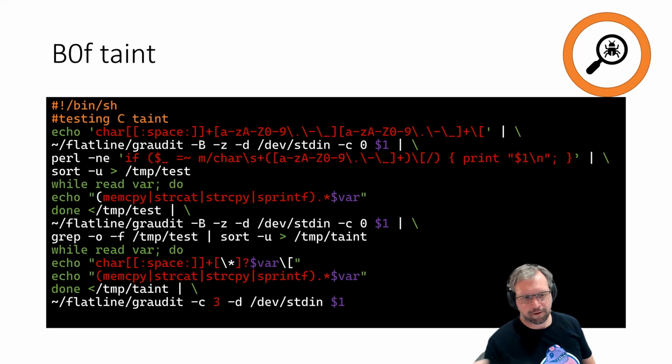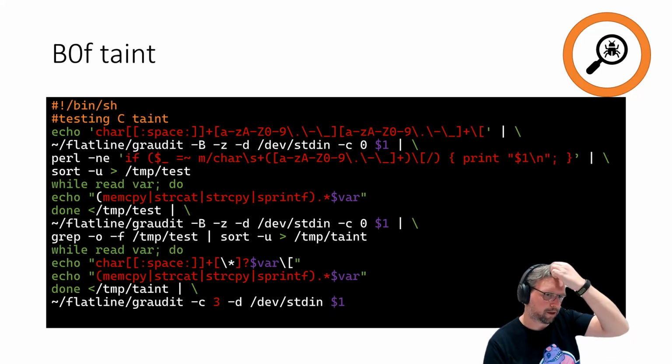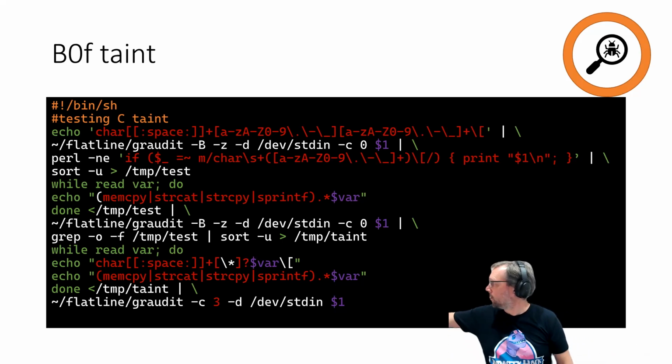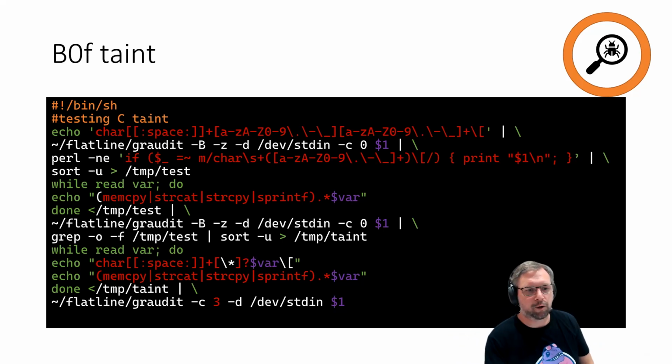Anyway, so it does a lot of in and out of Broadit and Perl and files, basically just feeding the data back onto itself and modifying the taint. What it's trying to do is to limit variables. We only care about variables that end up in a sink.